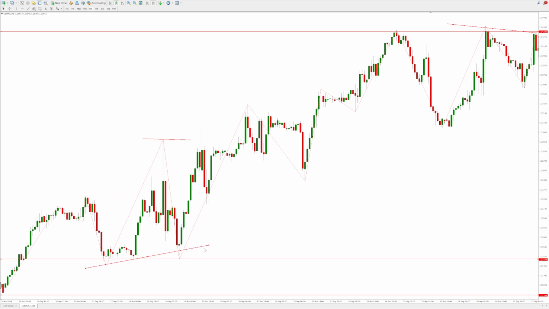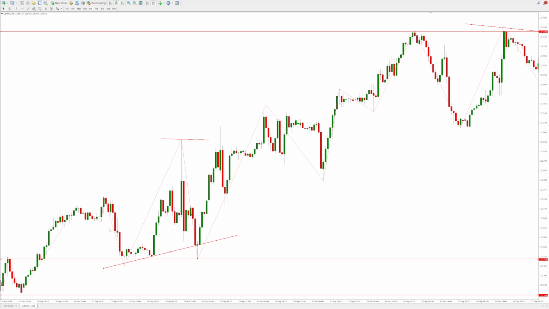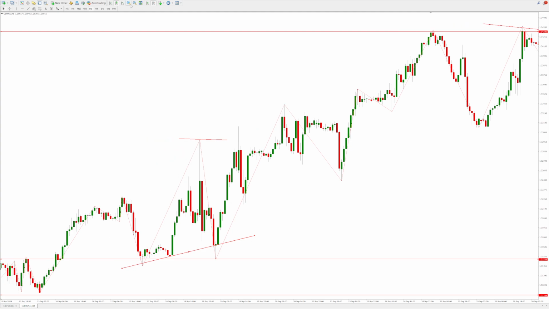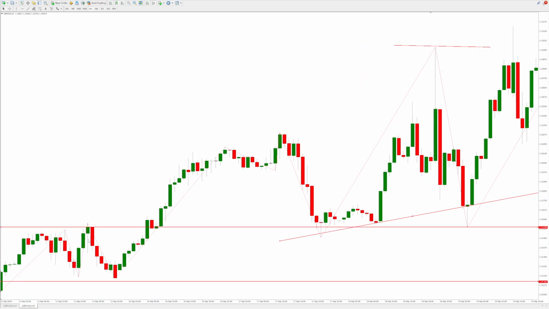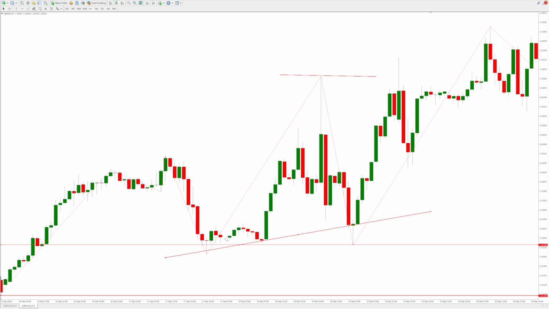Although in saying that, we do have our trend line going upwards, and some may argue you don't always need to trade on a breakout of the resistance. You can trade on a pullback to support. Okay, and we do have ample opportunity. We know this is a strong level. It was tested, it was breached, it held up. It's held up here, it's come back here. We have a nice upward trend.